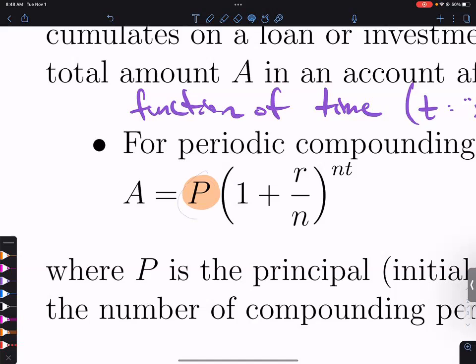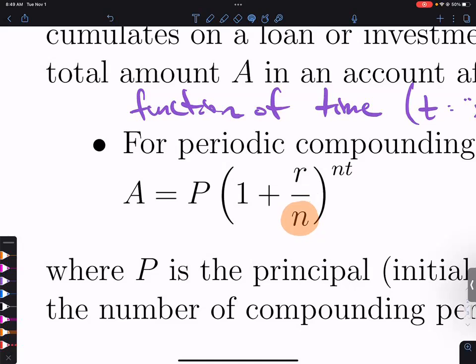1 is the number 1. R is the interest rate. Interest rate is always given as a percentage, like 5%, but when we use it in calculations we need a decimal, 0.05, so we have to do that conversion. N, which shows up in two different places, is the number of times per year that the interest calculation happens.